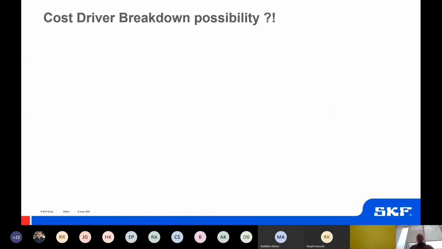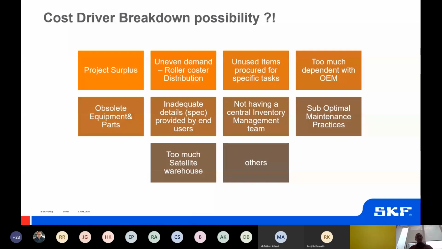So what would be the breakdown, the possibilities? If you look at it here, a number of cost drivers can be listed. I only listed 10 examples that most of the time happen around the globe.